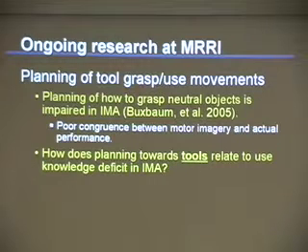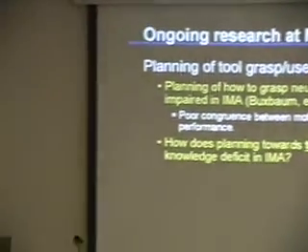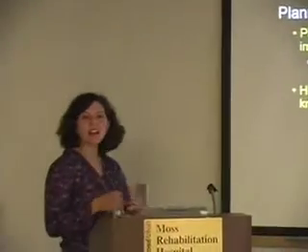This is assessed by how similar decisions about grasping are to real grasping, a congruence between a motor imagery task, imagining grasping in a certain way, versus how you really grasp. We're extending that to look at planning towards tools, and how this planning or imagery towards tools relates to the use knowledge deficit seen in apraxia.